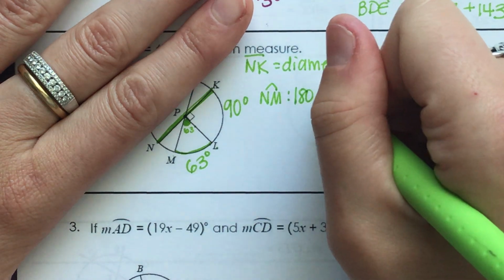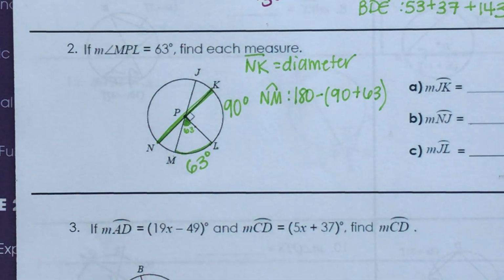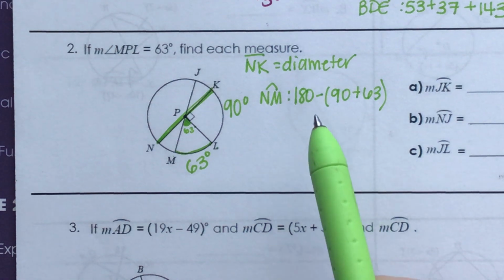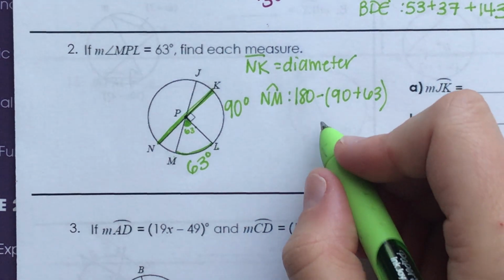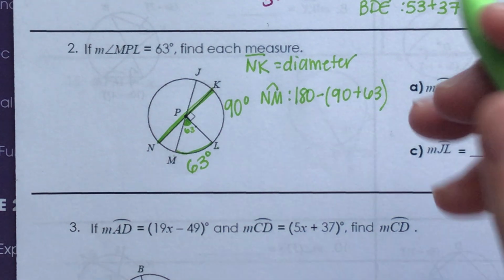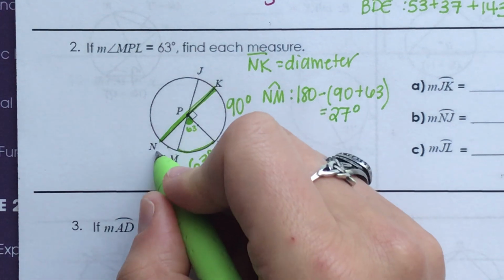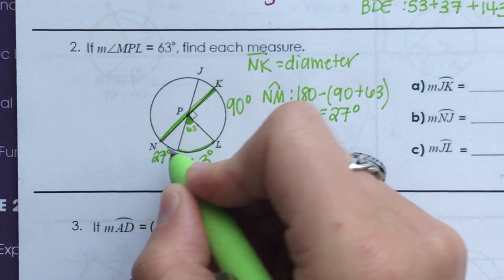So I'm going to add together 90 plus 63, and when I do that, I get 153, and then I'm going to subtract it from 180, and I get 27 degrees. So this one right here, 27 degrees.